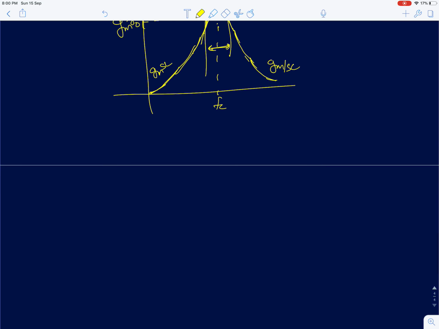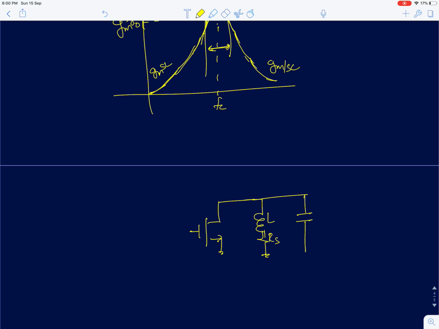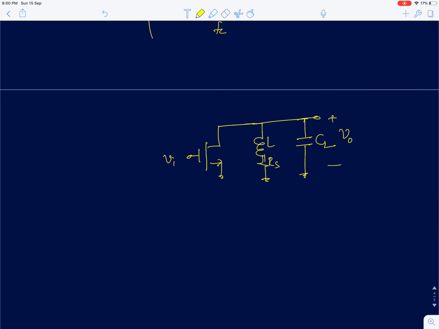Now what happens if the inductor has a finite Q? I have assumed it's an ideal lossless inductor, but every inductor in practice will have a finite Q. So if this is L, there is going to be a series resistance associated with it, and there will be a load capacitance. Now in this case we are interested in finding out the voltage gain for this circuit.